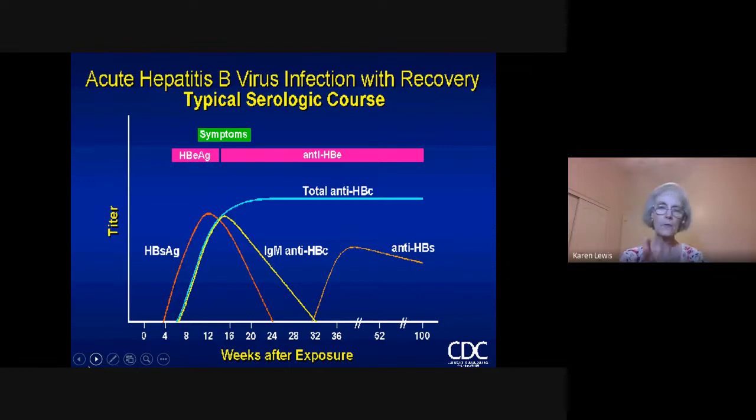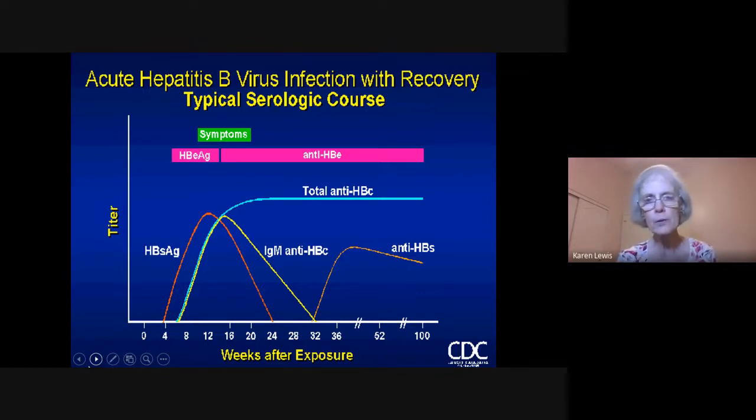You can only tell that there's been an acute infection by detecting the IgM antibody to hepatitis B core, and you can only tell that there's been an infection in the past or present by having hepatitis B core antibody.